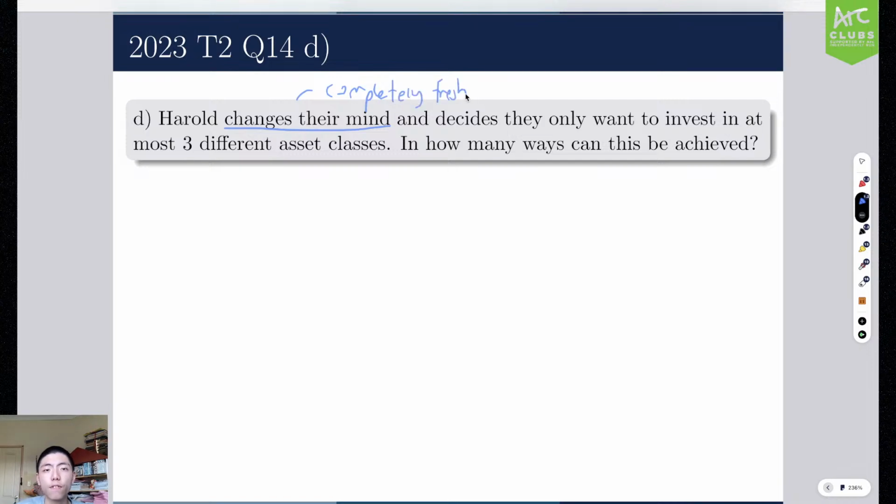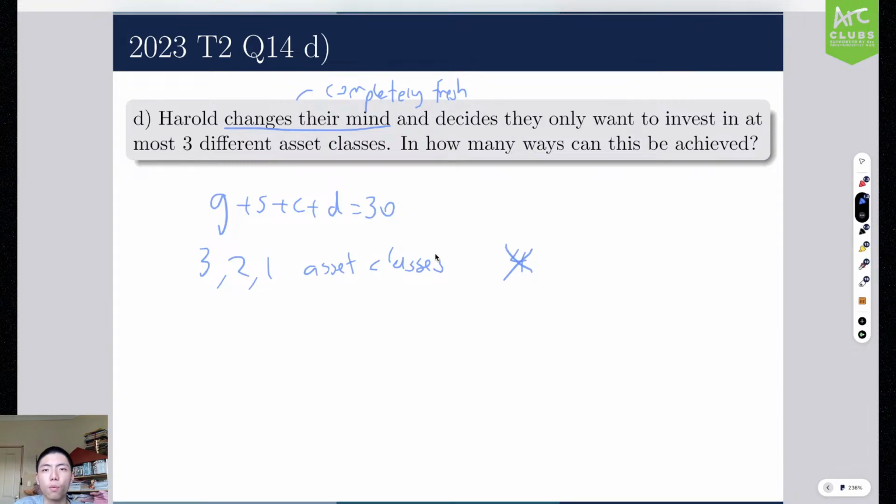Completely fresh means we don't need to worry about any previous consideration, and we just start directly from the beginning where we had the 4 asset classes adding up to 30. If he decides to invest in at most 3 different asset classes, it means he can invest in 3, 2, or 1 asset classes, right? But he is not able to invest in 4 because it breaks the rule he wants.